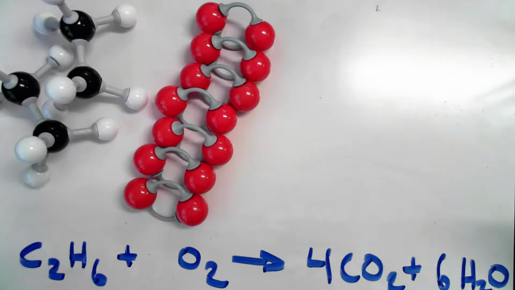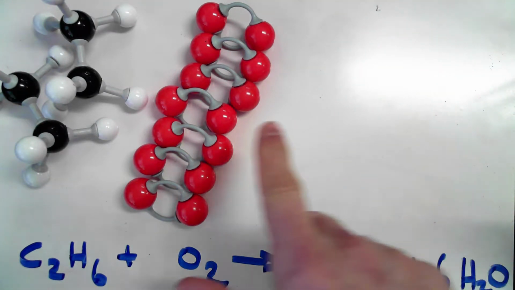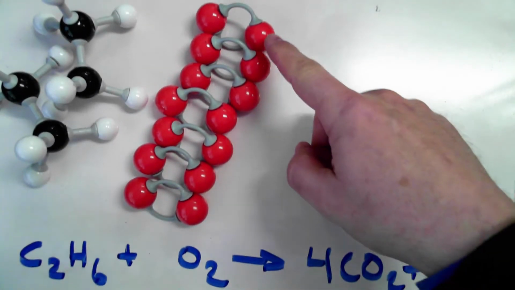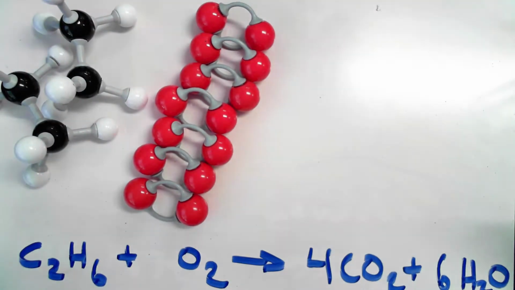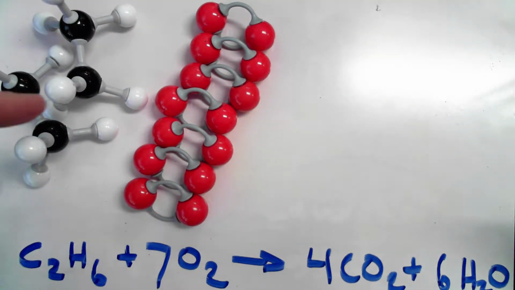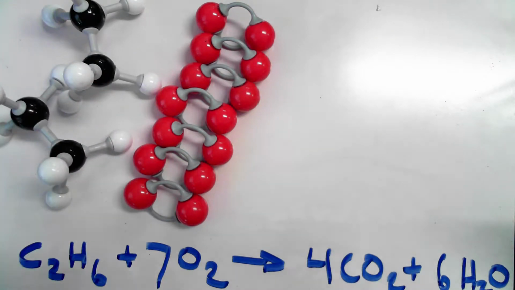At this point, all of the compounds that we'd made over here have been converted back into the reactants that we started at. So here we have 1, 2, 3, 4, 5, 6, 7 of these O2 molecules. And here we have 1, right? There's 1, there's 2 of these C2H6 molecules.